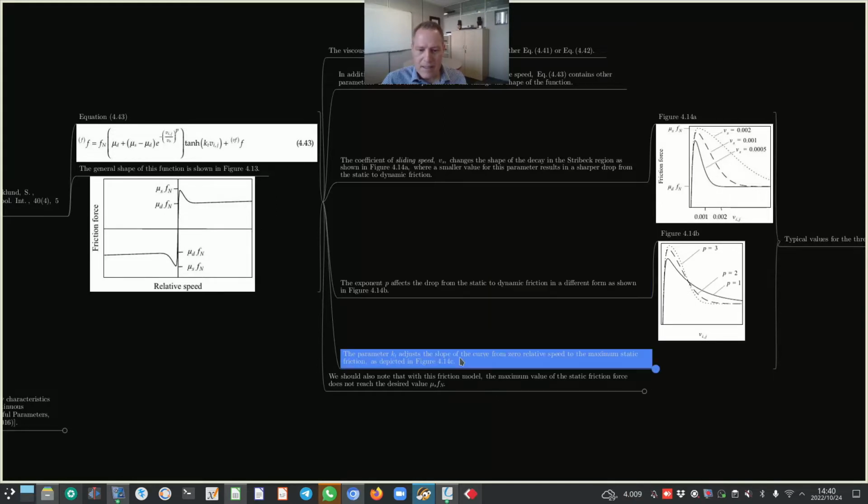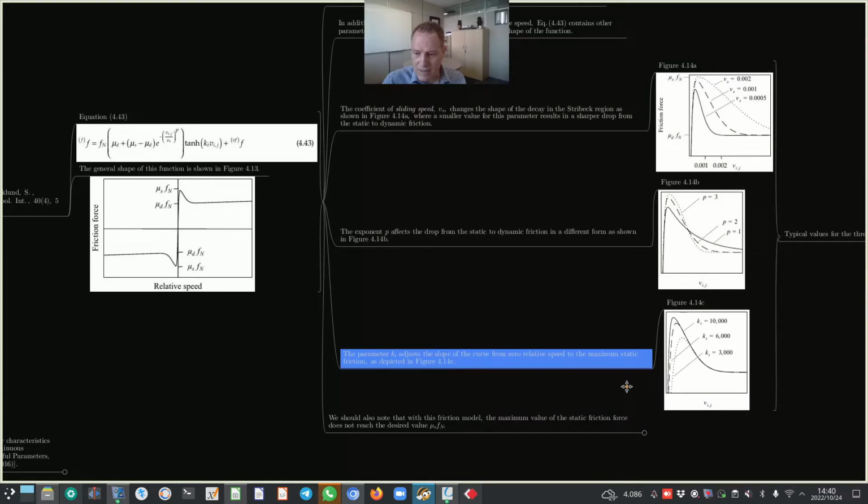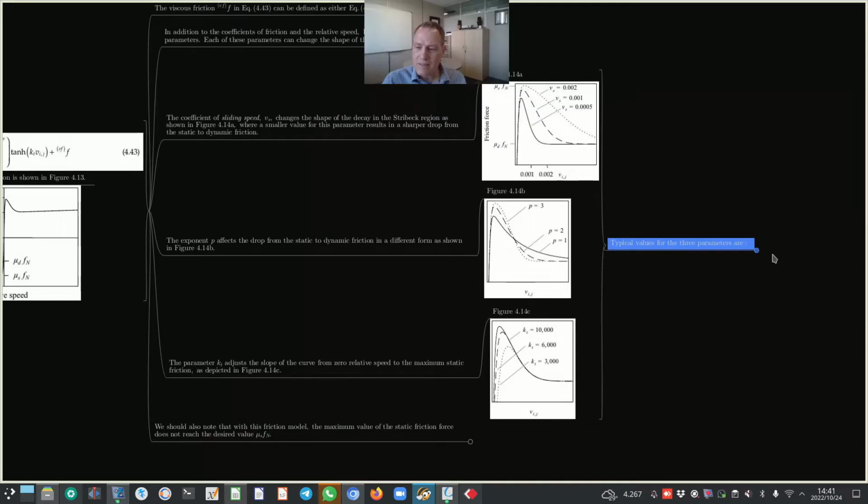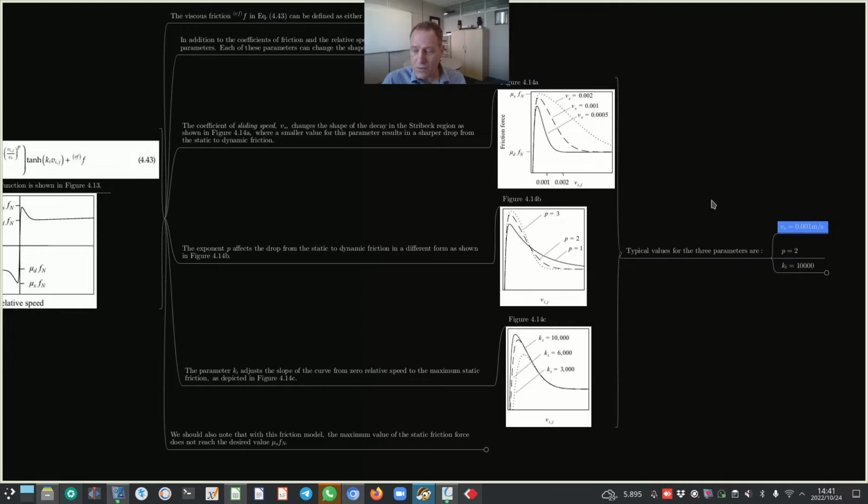Now the parameter Kt, which is in this location over here, adjusts the slope of the curve from zero relative speed to the maximum static friction as depicted in figure 4.14c. Typical values for the three parameters are Vs being 0.001 meters per second, P having a value of 2, and Kt having a value of 10,000.